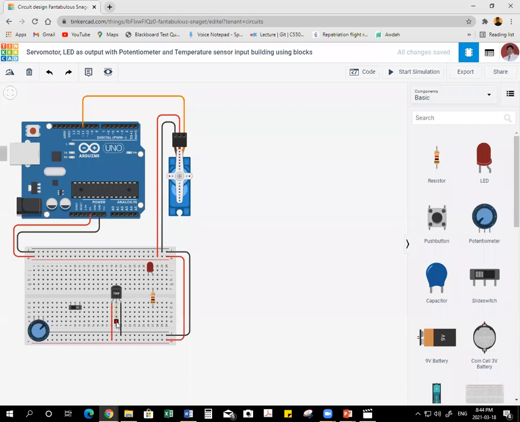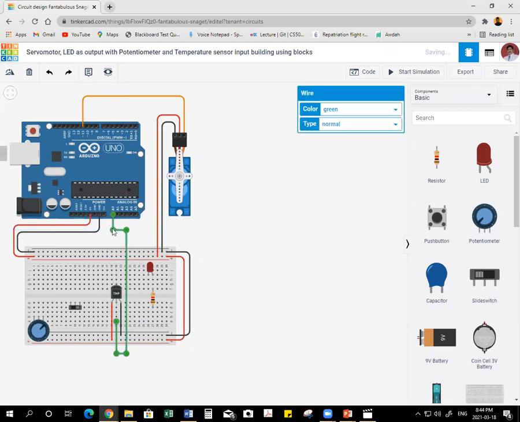Here also you can take the power from here, the input you can take. Okay, purple I will take, and the temperature sensor is finished.